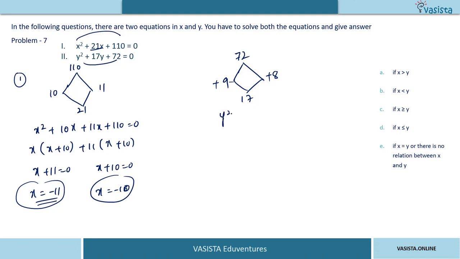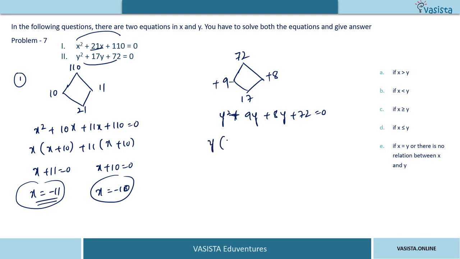Now, y square plus, by just observing it here, you can easily find out. When you don't have any coefficient here, you can directly do it. y² + 9y + 8y + 72 = 0.